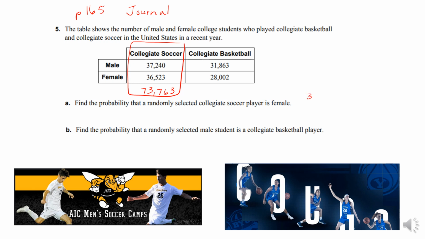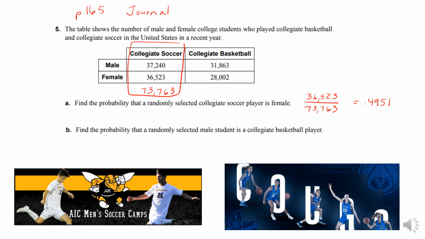So we're going to put the female number on top, divided by the total, and that is approximately 4.4951. Okay, and so we're going to look at the answers when we're all done.